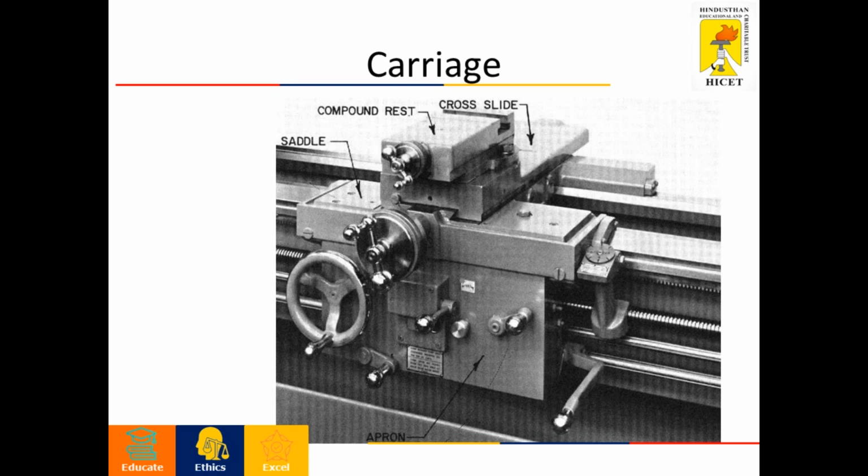Some automation work is done by engaging gears. It is called the tumbler mechanism and apron mechanism, which is used for thread cutting in the cylindrical component in this automatic operation.